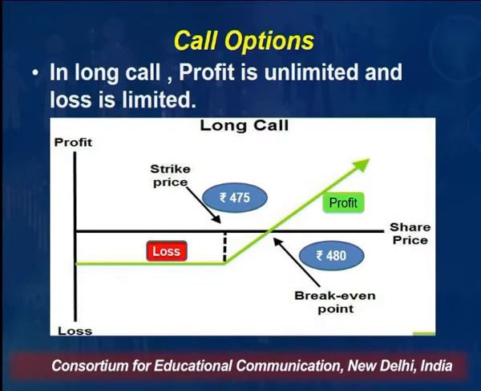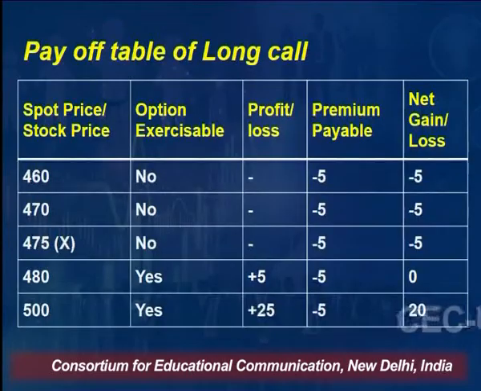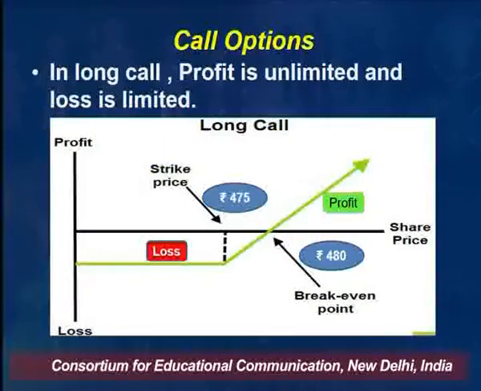So any price which is less than 480 rupees, the option holder will be a loser, right? At 480 rupees, as we have seen with the help of the previous table, it becomes break even for the option holder, no profit, no loss. The same thing we have tried to show through this figure, that at 480 rupees there is a break even.